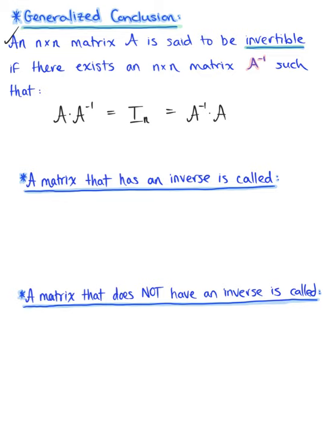So if both of these equations are holding true, then we say that matrix A is invertible. So again, a matrix that has an inverse is called an invertible matrix.